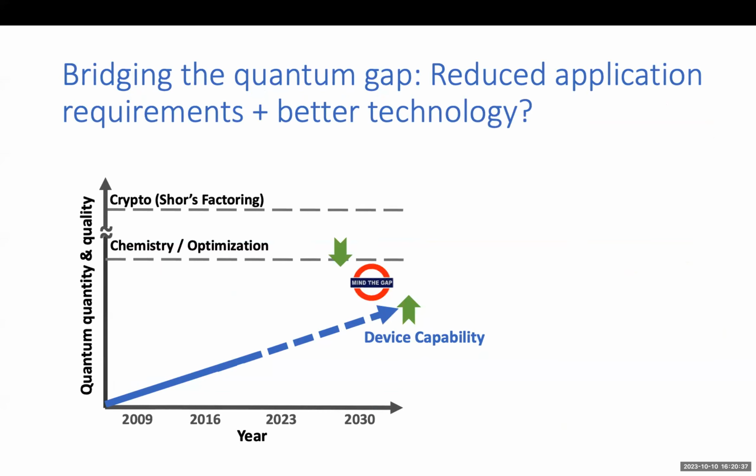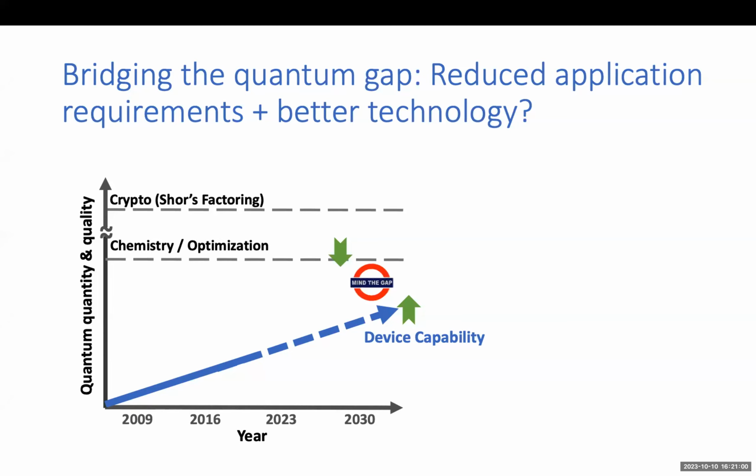Of course, we continue to need theoretical research from theorists and application folks who are trying to reduce the quality and quantity of qubits needed for these applications, as well as new applications which they continue to try to discover. And of course, there is research needed from the experimental and physics folks in improving the capability of these devices.